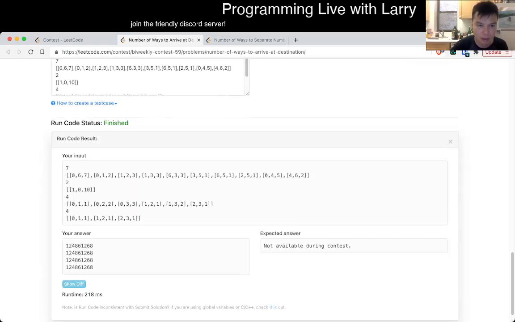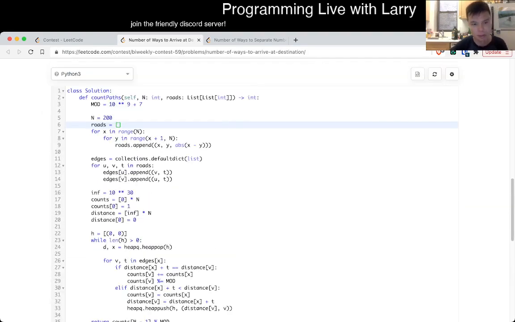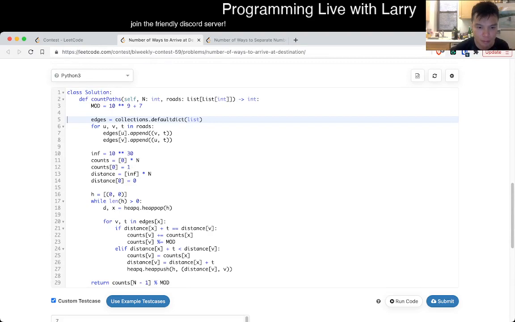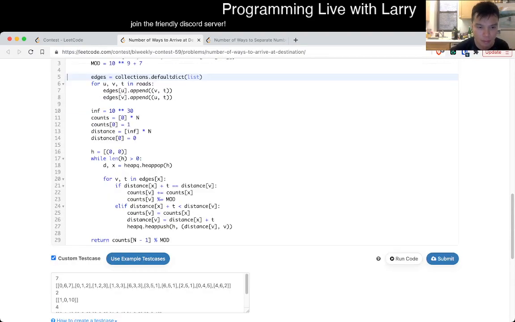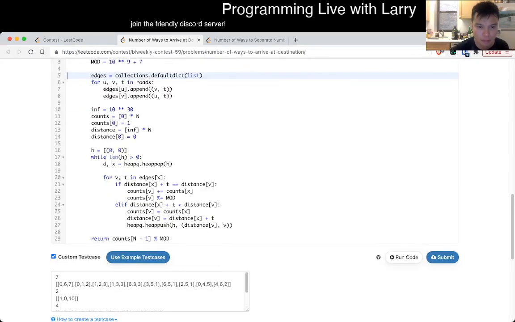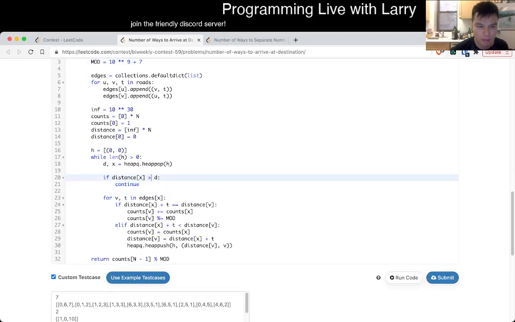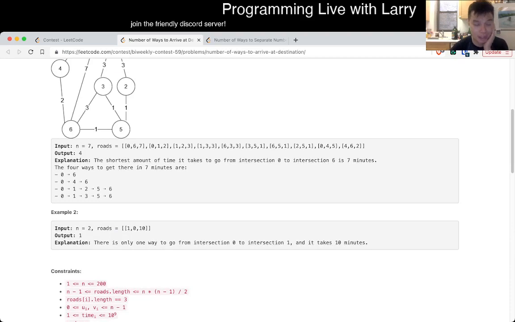Yeah, same answer, so I don't. I don't get it. Where am I going wrong? What is the test case that I'm wrong for?